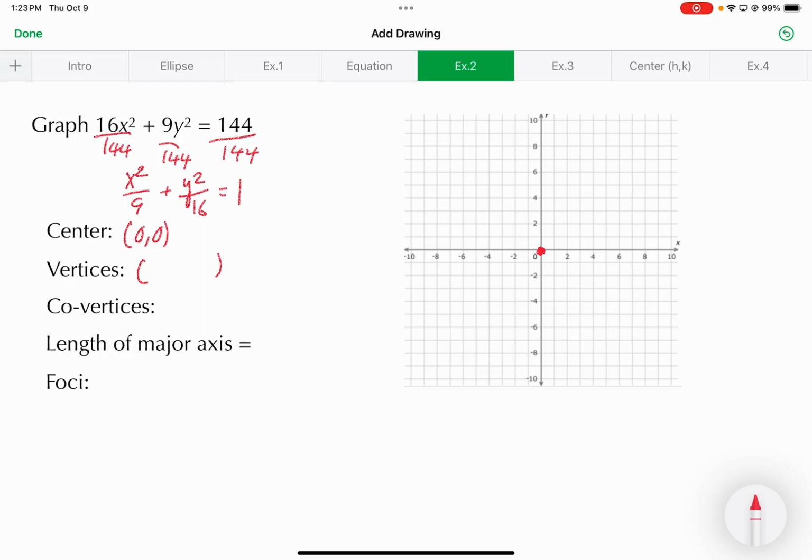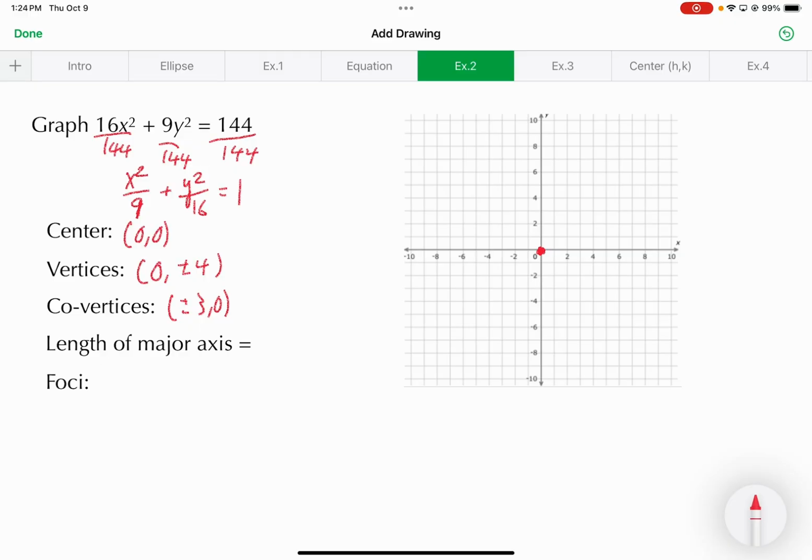What's my a value? Don't be confused. This is a 9, not an a. My a's look similar. What's my a value going to be? 4. It's the square root of 16. So my vertices are going to be at 0, plus or minus 4. What about my co-vertices? Where are they going to be? On the x-axis, so it's going to be plus or minus what? 3, good.